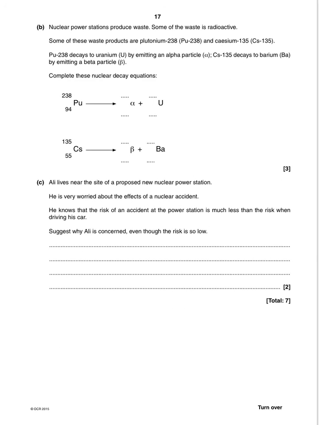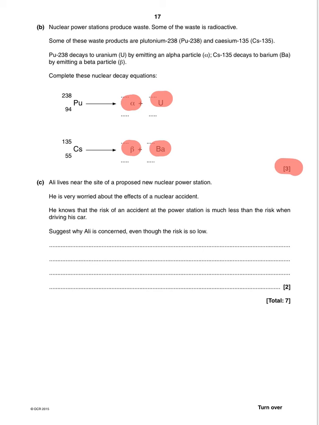Then we come to some decay equations. So these are quite nice if you can remember the rules. This is worth 3 marks, which is a fair amount. It could make a difference between one grade and the next up. What we've got is one decaying and producing alpha radiation, one decaying and producing beta radiation, and then it kindly gives you the element that's formed.